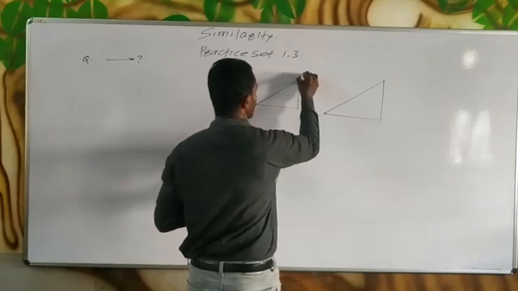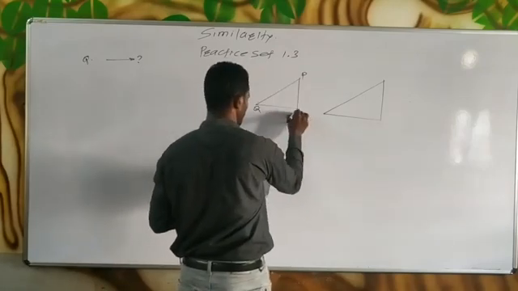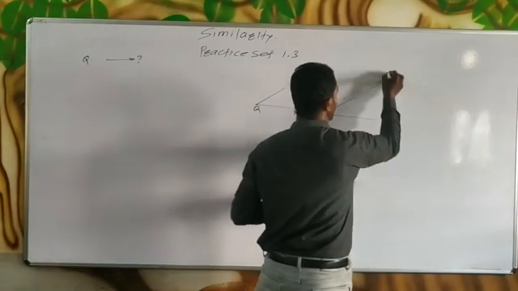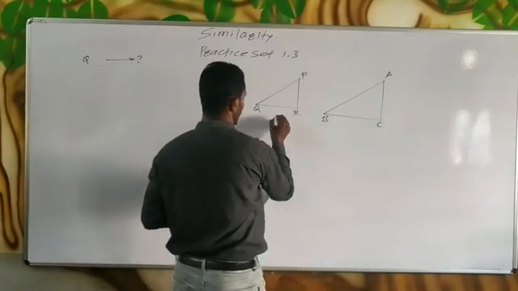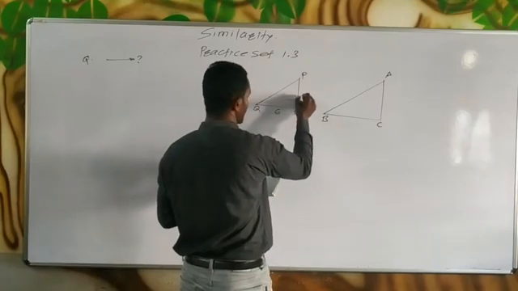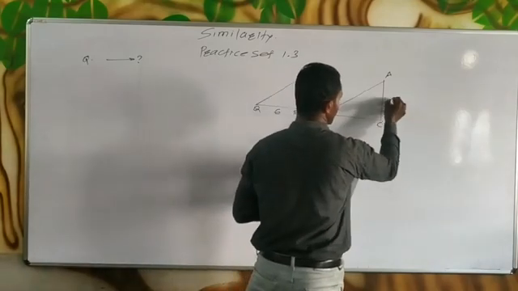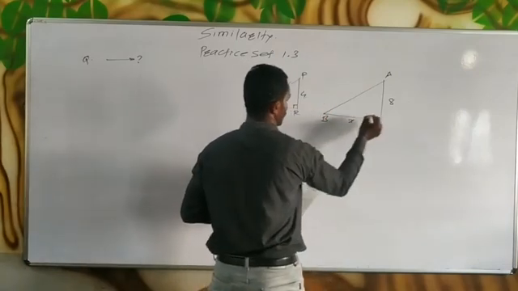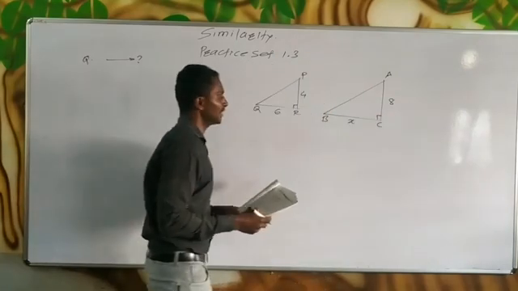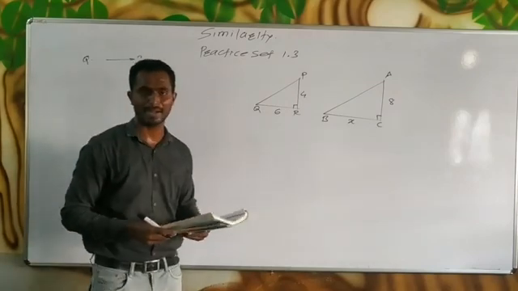So we have the triangle PQR and the next triangle ABC. QR equal to 6, PR equal to 4, AC equal to 8 and BC equal to X. And PR is perpendicular to QR, AC is perpendicular to BC.